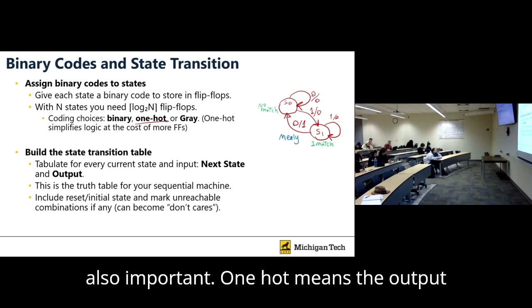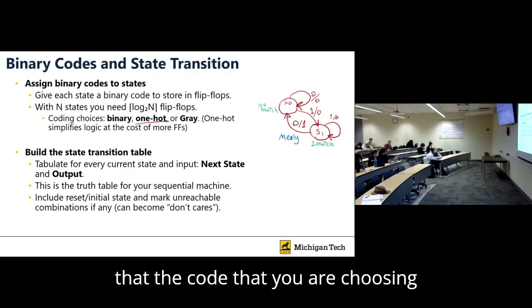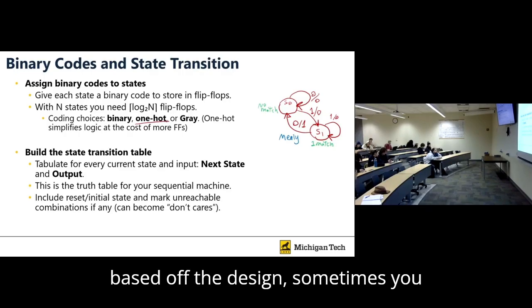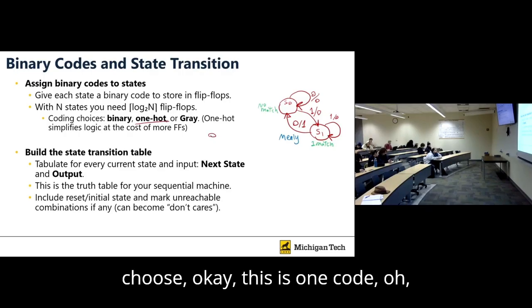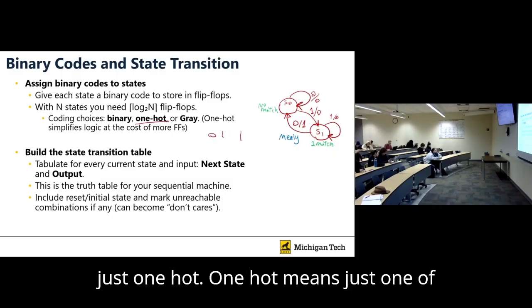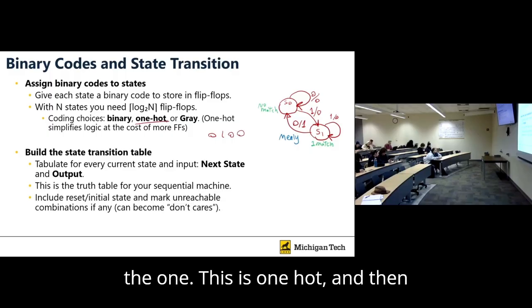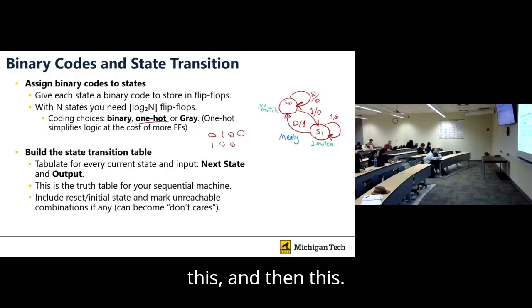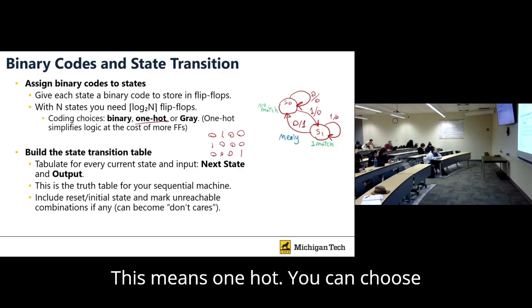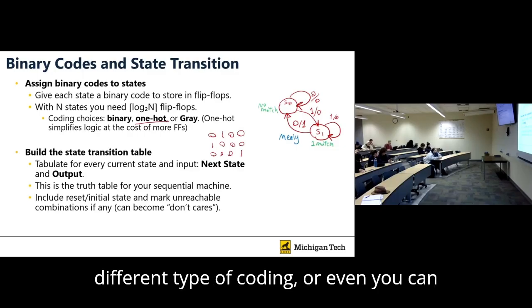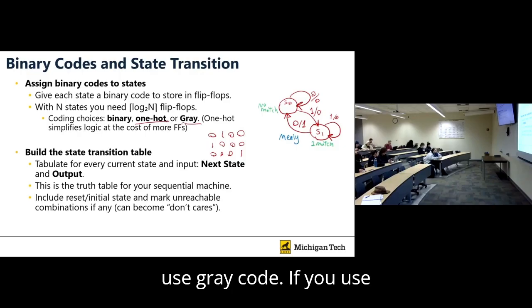One hot is also important. One hot means the code that you choose based off the design. Sometimes you choose one hot, which means just one of them is 1. This is one hot, and then this, and then this. You can choose different types of coding, or even gray code.